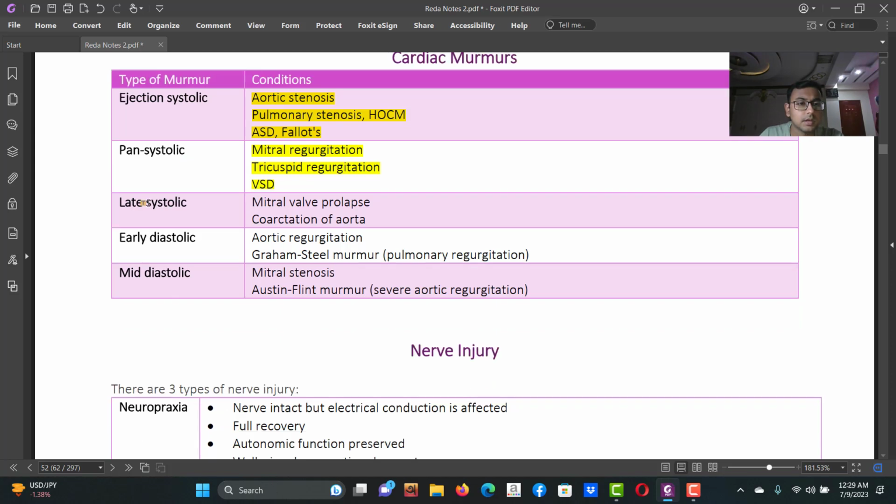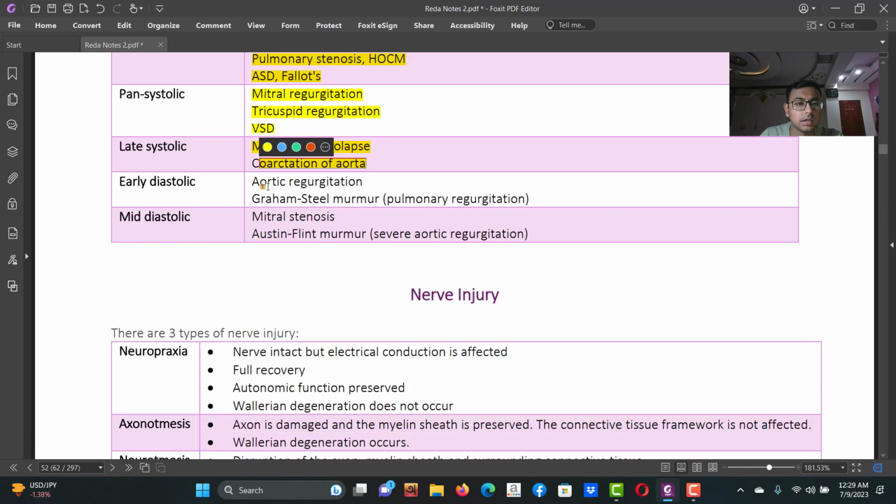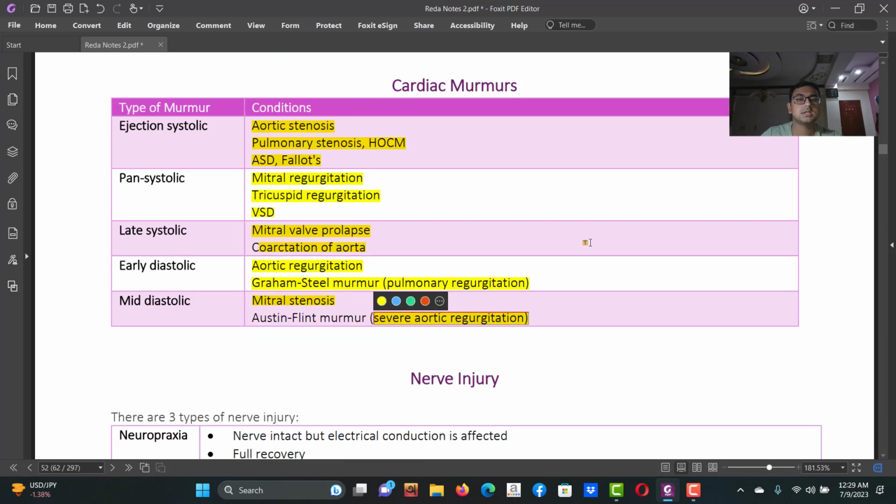And late systolic: mitral valve prolapse, coarctation of aorta. And early diastolic: aortic regurgitation, Graham Steell murmur or pistol shot murmur in pulmonary regurgitation. Mid diastolic: mitral stenosis. And severe aortic regurgitation. So these are the diseases that may cause abnormal heart sounds.